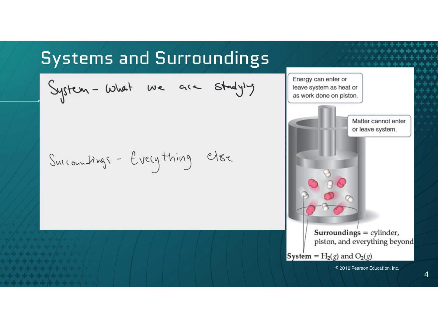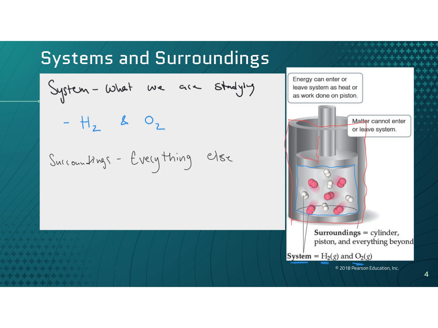And so let's take this example over here to the right. The system here is the H2 and the O2. Right? It's the gas inside of this piston. This is our system. Our surroundings are literally everything else. It's the cylinder itself. This is part of the surroundings.